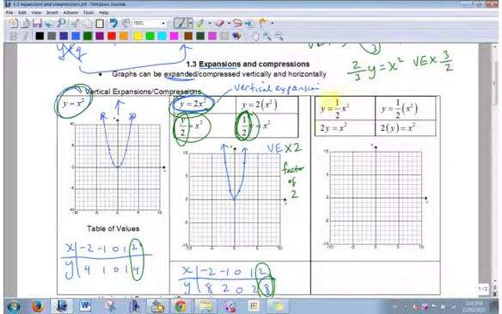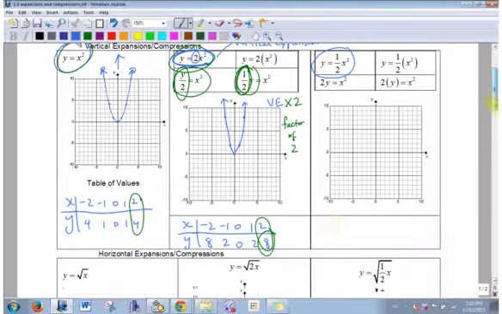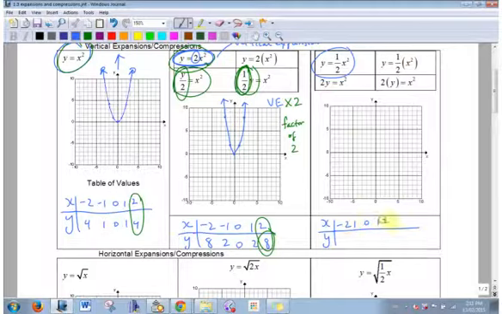Let's go back to grade 11. If this thing made it skinnier, what do you think this is going to do? If all the y values are half what they used to be, let's make a table. If x is -2, I got 4.